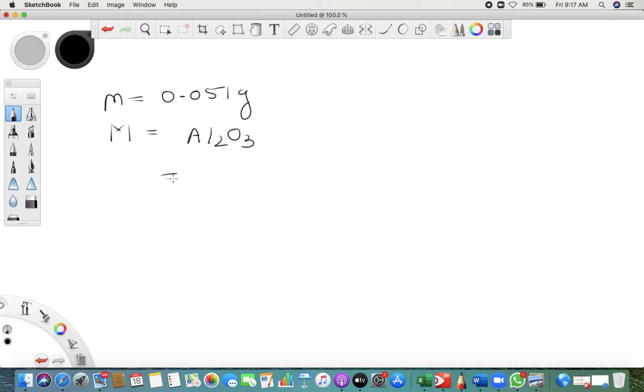When you calculate this, it turns out to be 102 gram. It is like 2 into Al plus 3 into O. Al is 27 and O is 16, which is why it makes 102.